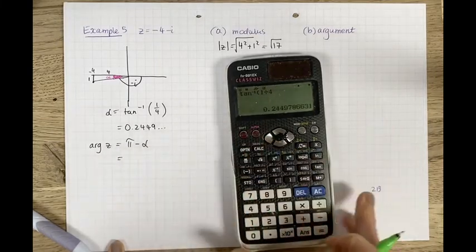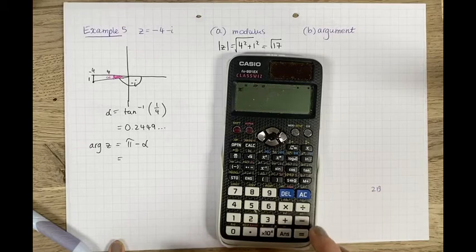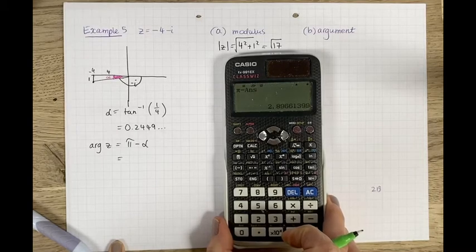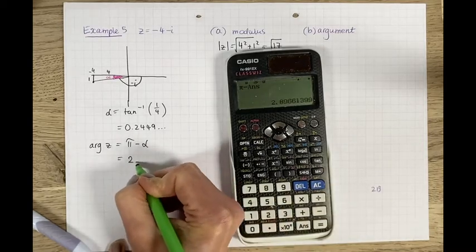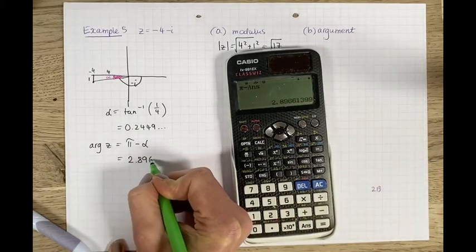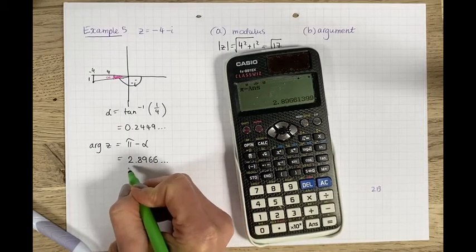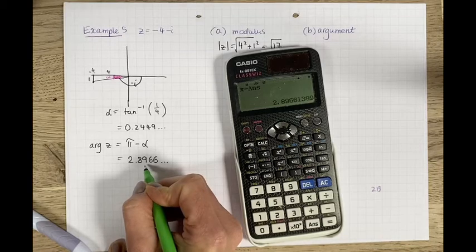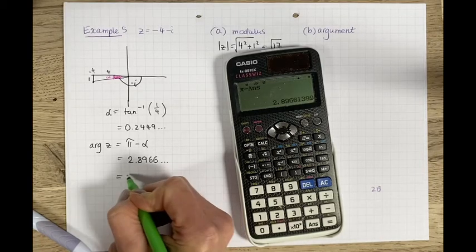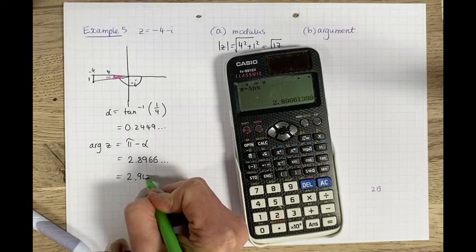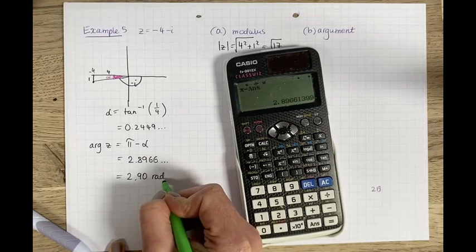So pi minus the previous answer, which is 2.89966. We want 2 decimal places, so we'll change it to 2.90 radians.